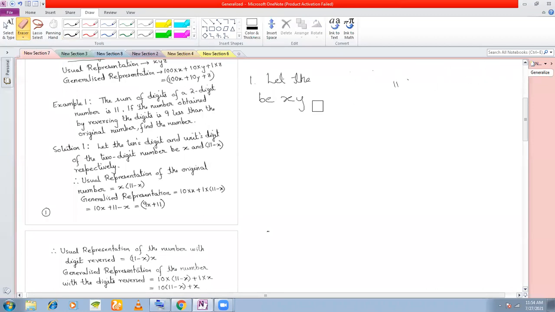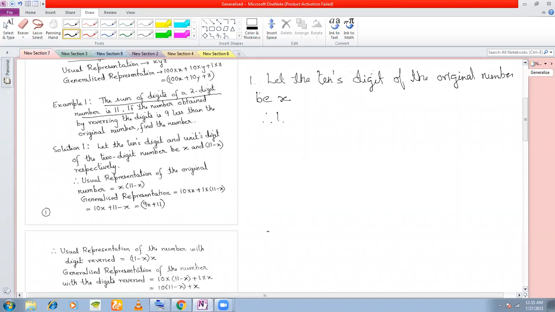Because the sum of the digits is given, I start by saying let the tens digit of the original number be x. Now if you see the first condition, the sum of the digits of a two-digit number is 11.